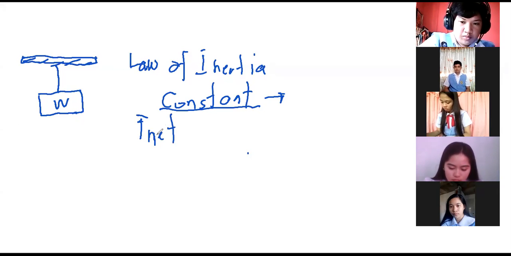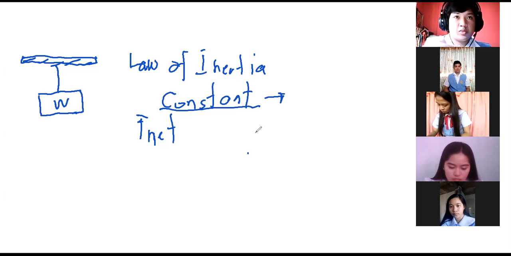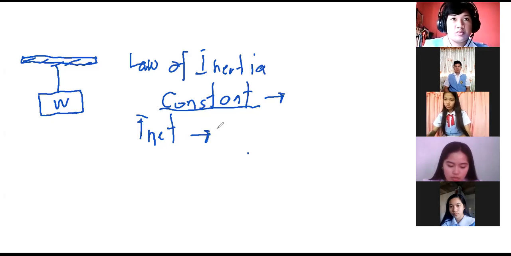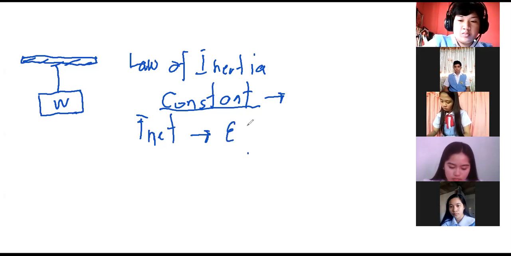What is the meaning of the net force? The summation of the forces applied to an object. Correct. It is the summation of forces applied on the object. So now, if the object is in constant motion and doesn't change its motion, what is the net force acting on the system?